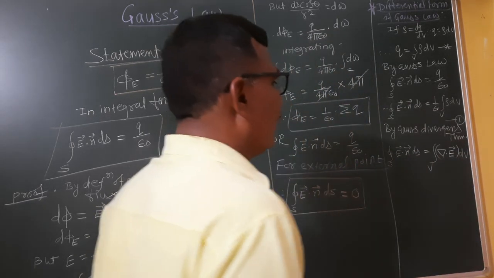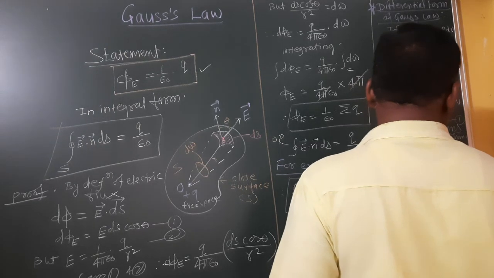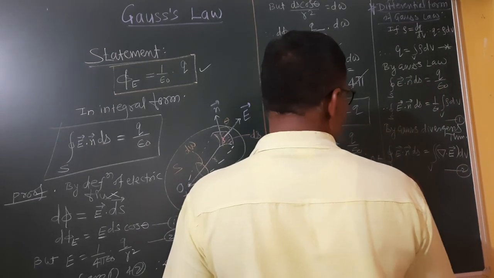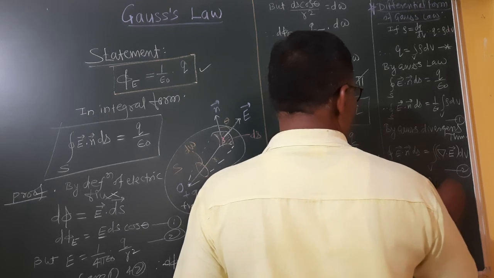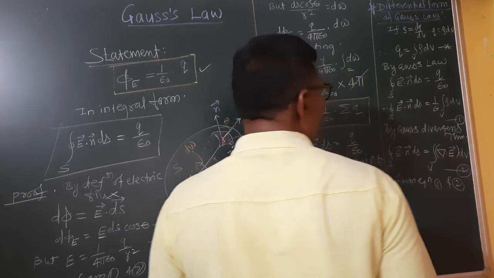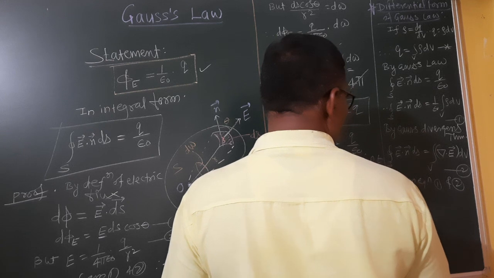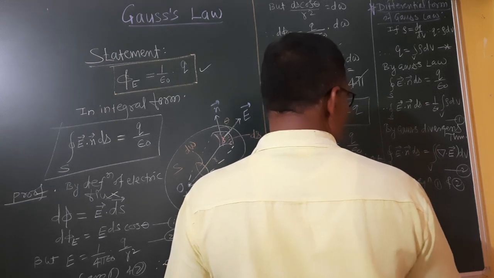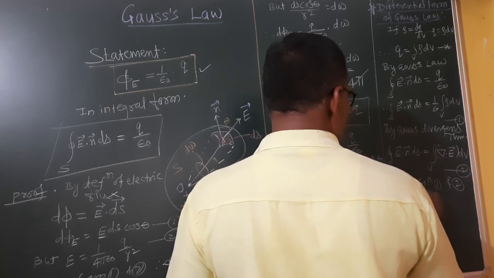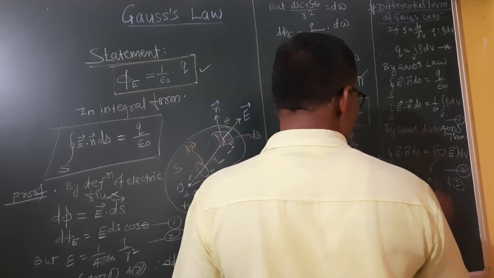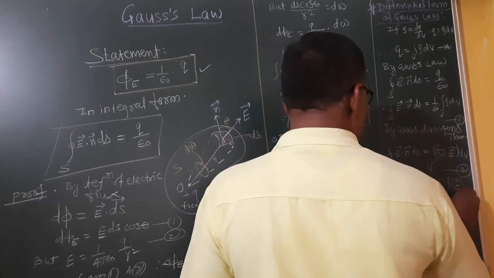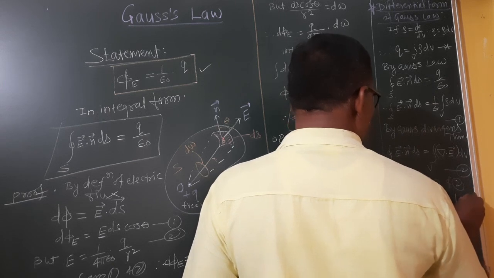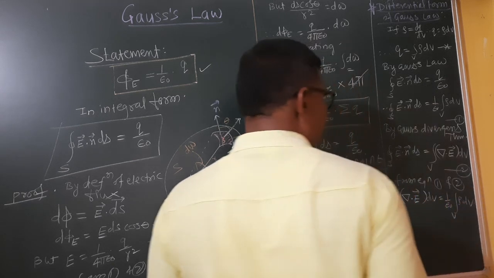This is equation number 2. From 1 and 2, volume integration of divergence of E bar into dv is equal to 1 upon epsilon naught times volume integration of rho into dv.